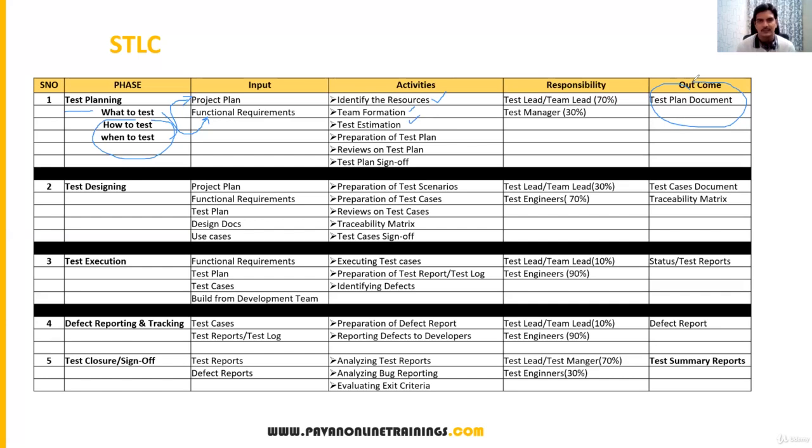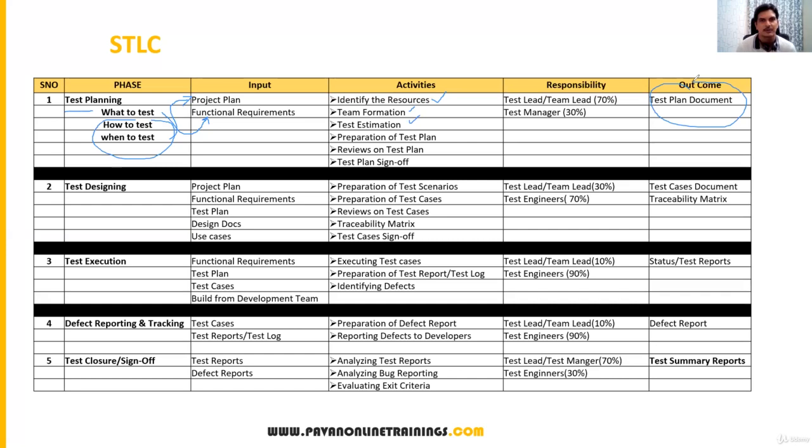This is one of the important phases in STLC after understanding the requirements. Test planning is the first phase. We are planning the test, mainly focusing on what to test, how to test, and when to test.